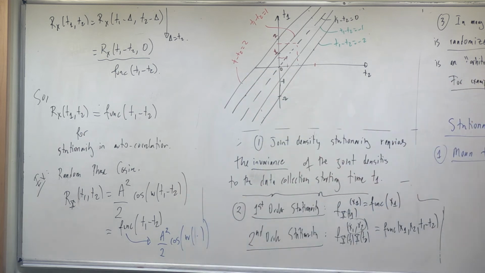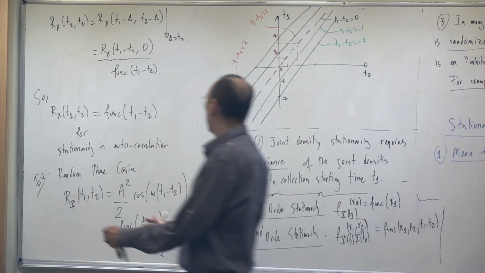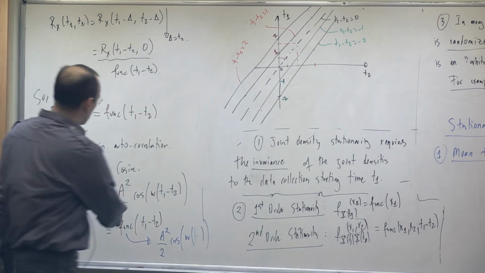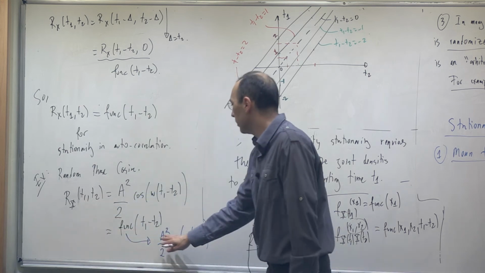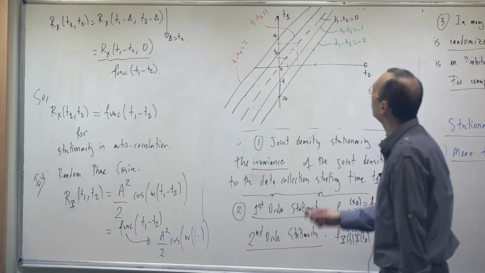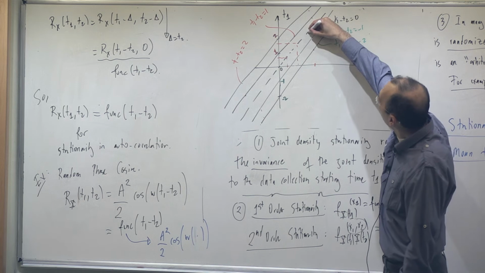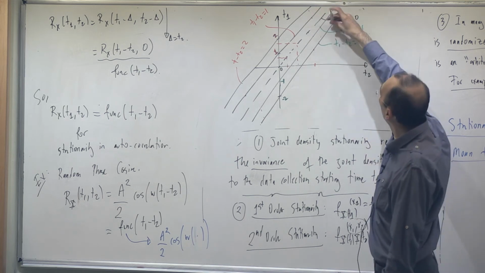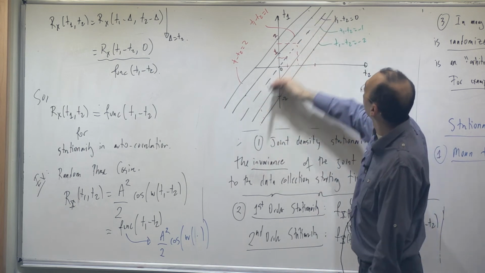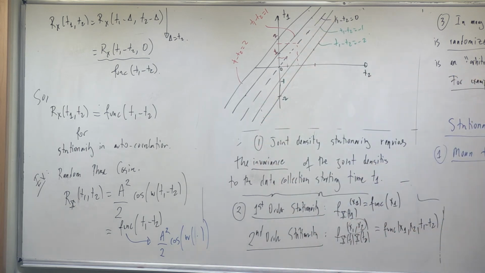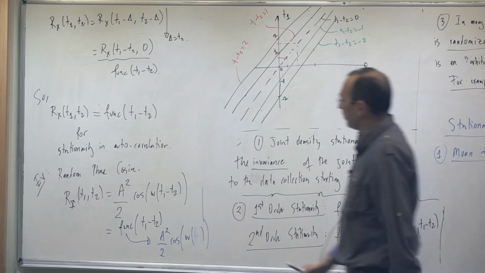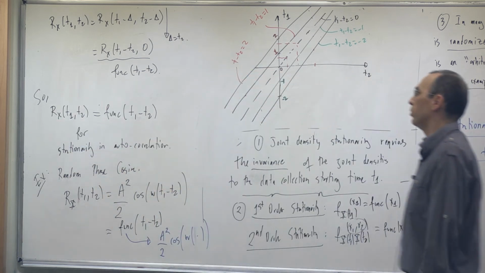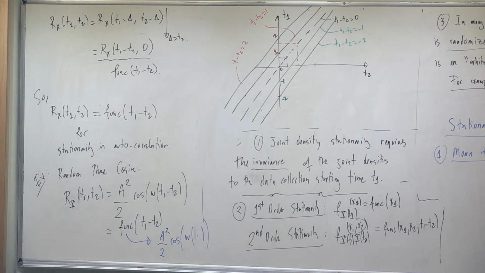This is the reason I was telling you that this is not really 2 degrees of freedom, because I can express it as a function of a single degree of freedom. If I know a single value over here, I can write all the values over there. That is the meaning of Rx(T1, T2) being a function of T1 minus T2. This is more like a mathematical understanding.